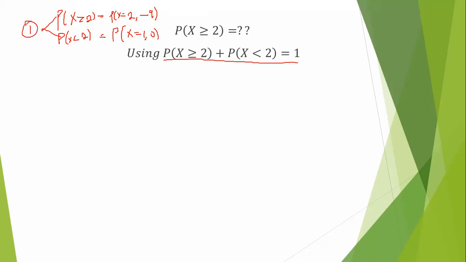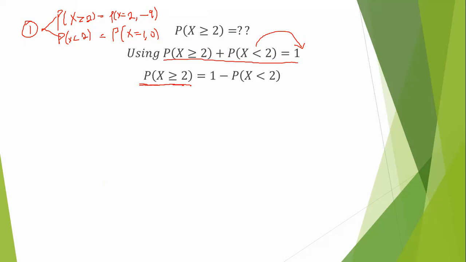A 1. So that is why I'm saying that probability of x greater or equal to 2 plus probability of x less than 2 should be able to give me a 1. Such that now I transfer this to the right hand side, and then I'm able to do this probability without going through a much more problem.